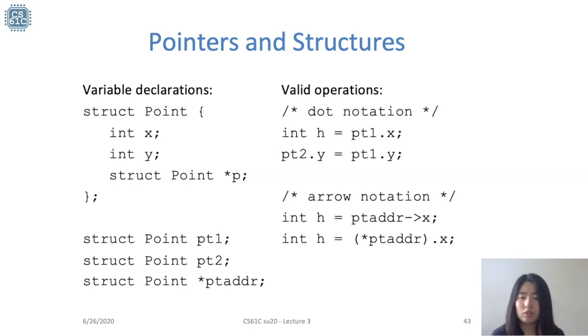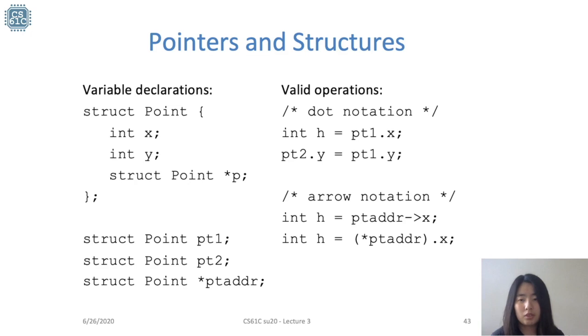We haven't actually talked about how to access the elements of a struct. What we normally use is dot notation. For example, if you want to access x from pt1, you can just do pt1.x. Because pointer to a struct is very useful, we introduce another notation, arrow notation.